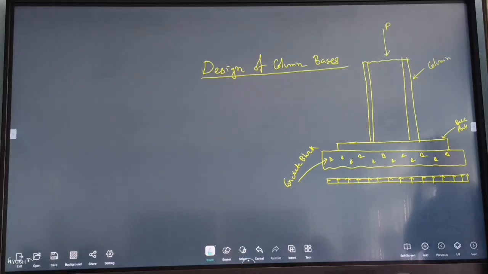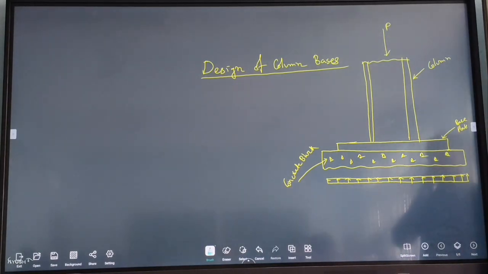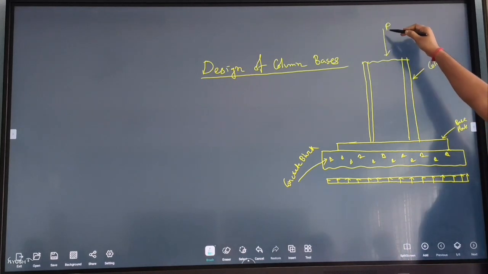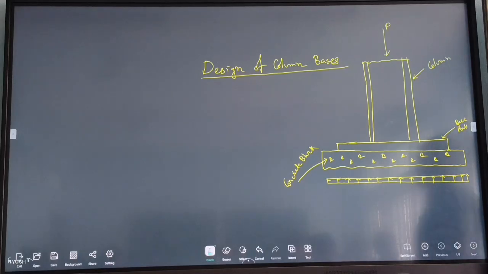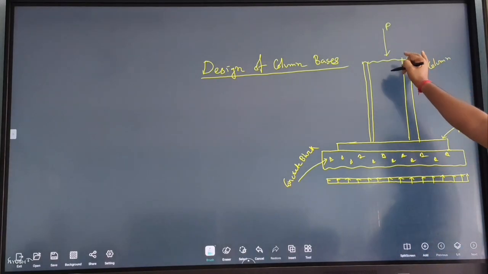First, basically, this is the front view of a slab base. There is a column I section subjected to vertical compressive load P. It is axially loaded.